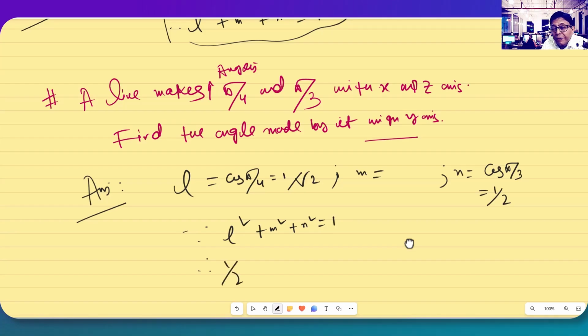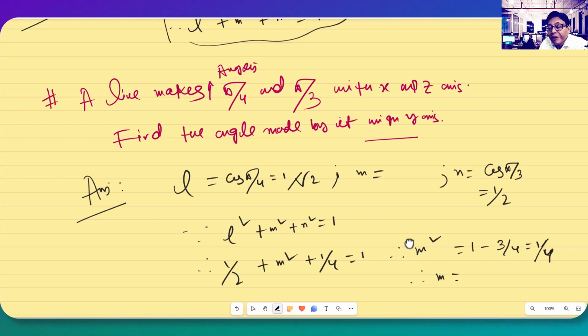Therefore, half plus M square plus 1 by 4 equal to 1. So, M square will be 1 minus 3 by 4, that is 1 by 4. So, M will be plus minus half.